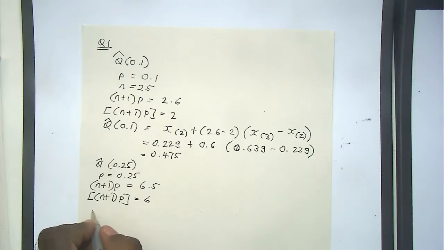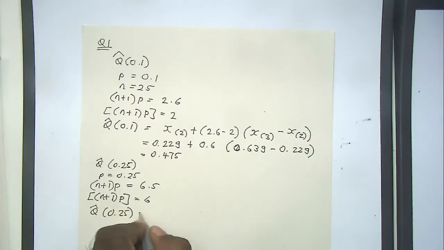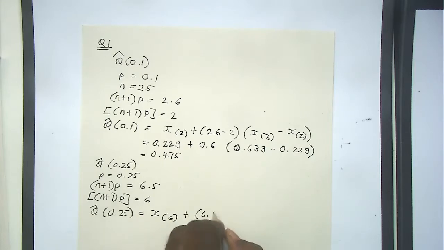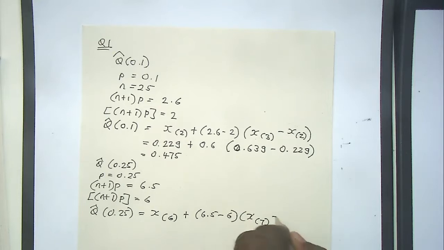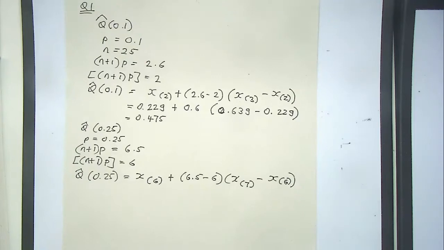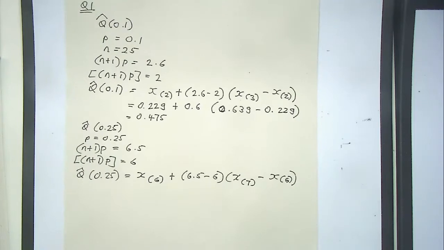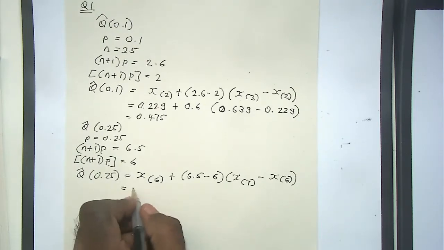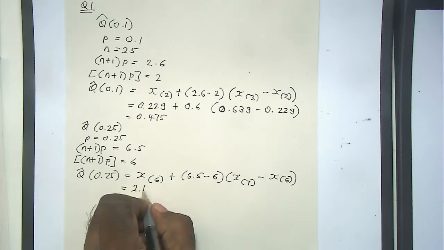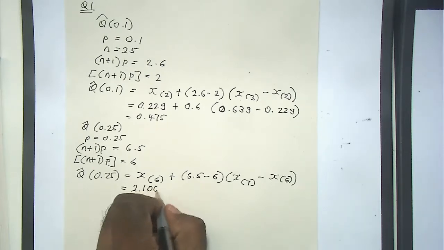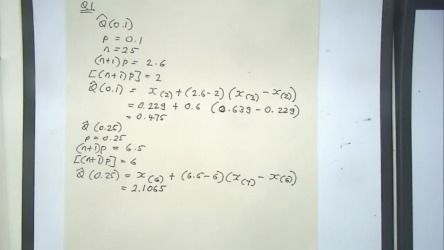So Q hat at 0.25 will be the sixth smallest data point plus (6.5 minus 6) multiplied by (the seventh smallest data point minus the sixth). If you work this out, the answer will be 2.1065. Are you with me or not?